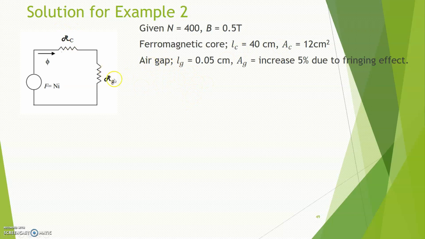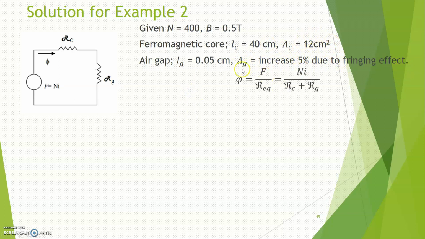And then for the air gap, the mean length of the air gap is equal to 0.05 cm. Okay, and then the cross-sectional area of the air gap is equal to 5% on top of the 12 cm squared due to the fringing effect.